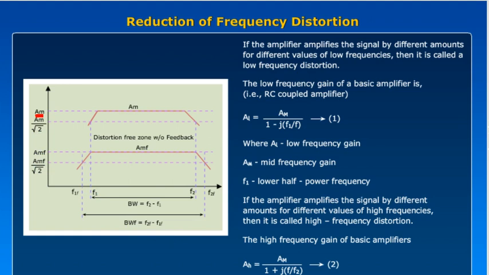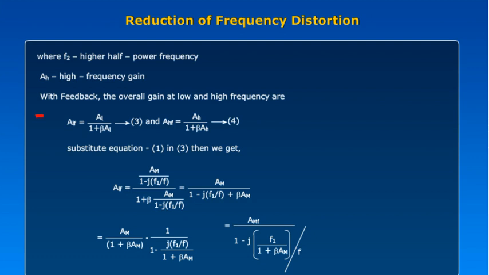From equations 1 and 2 in the previous slide, we can write the gain with feedback at low frequency as ALF = AL / (1 + beta AL), and at high frequency as AHF = AH / (1 + beta AH).